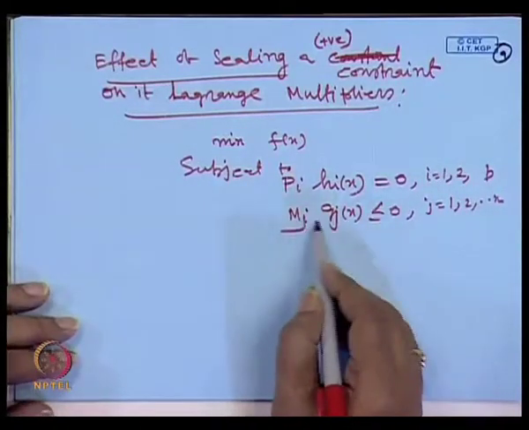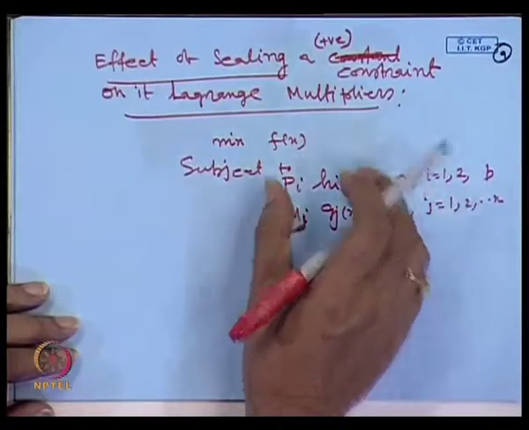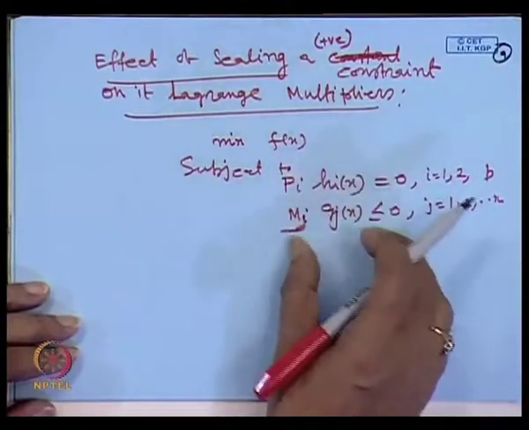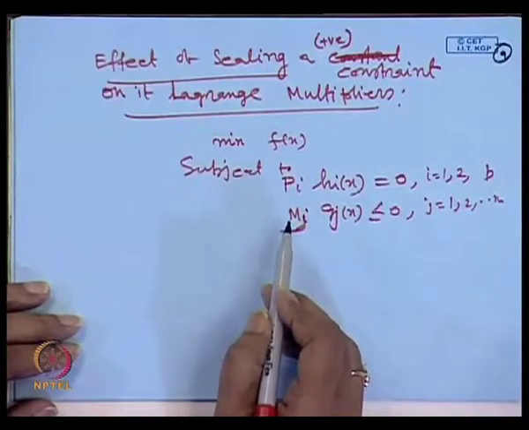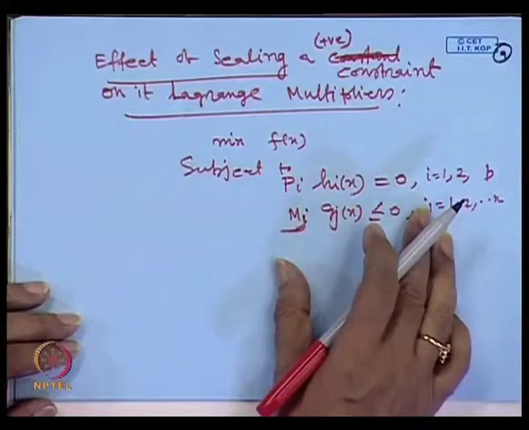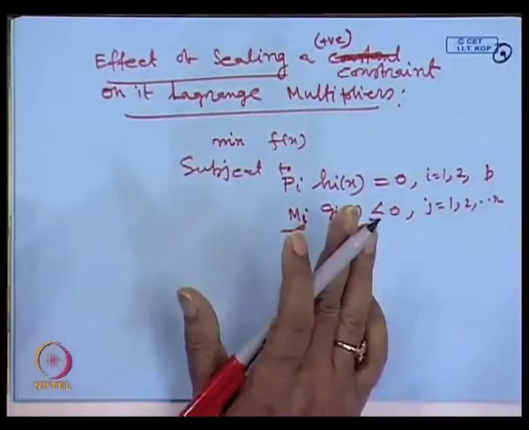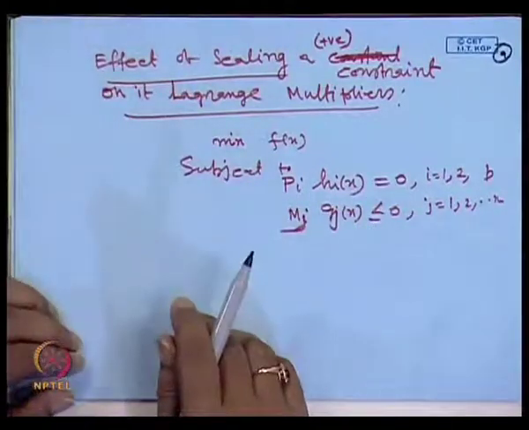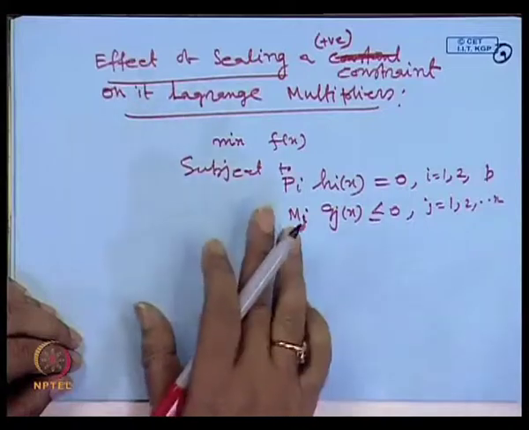Whatever the constraints were in the original problem, they are multiplied by a positive constant quantity. The constraint will not change; the feasible region of this problem will remain unchanged.